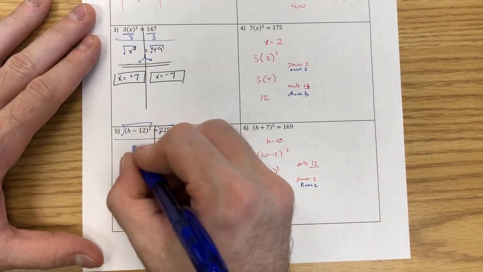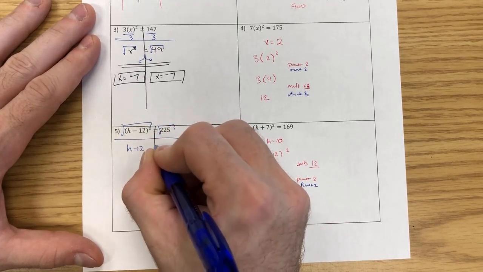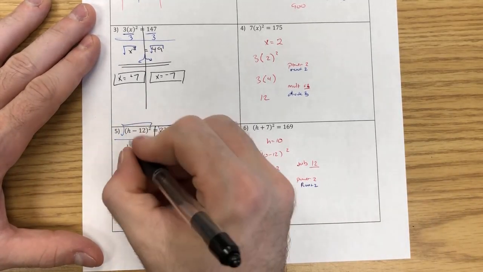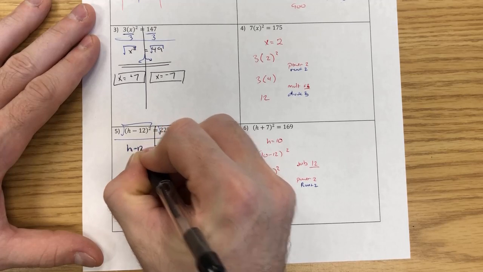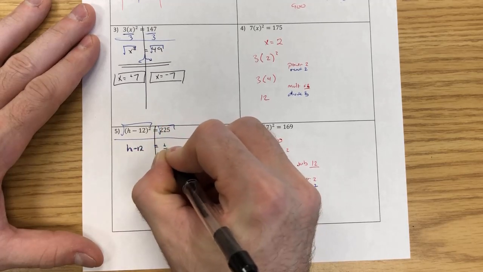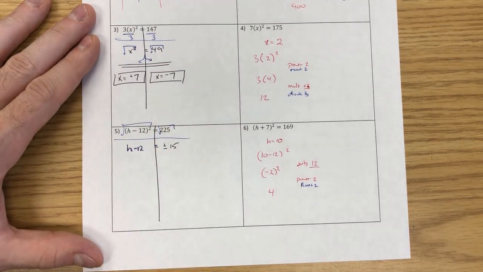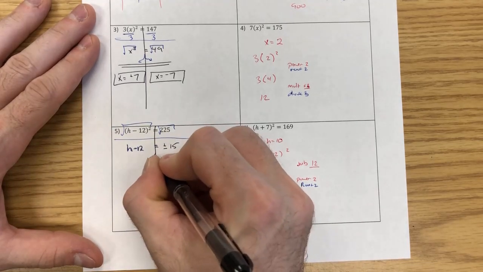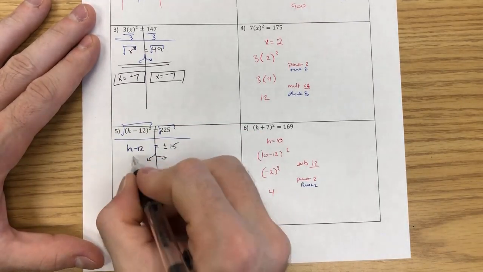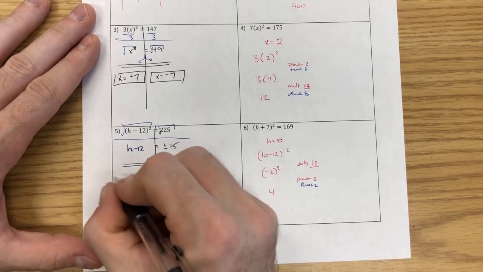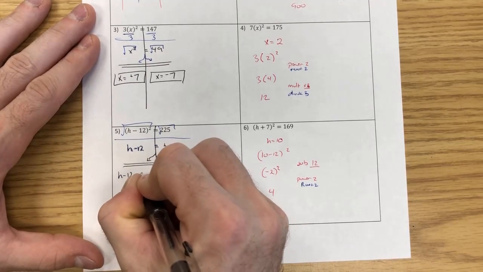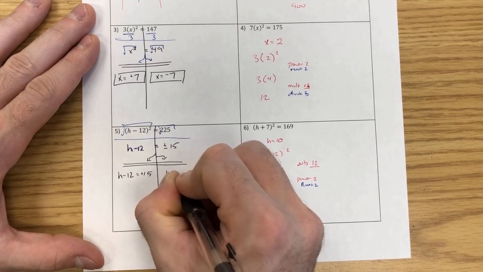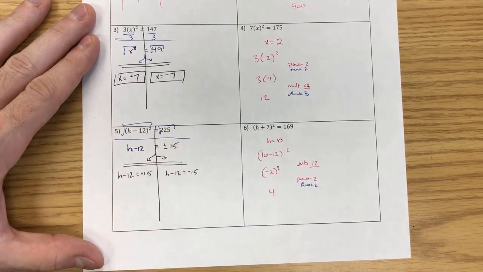And I know what's going on here is I have h minus 12 is equal to positive or negative 15. And I know with this, it's going to end up creating two separate values. I have h minus 12 is the positive 15, and I have h minus 12 is the negative 15.